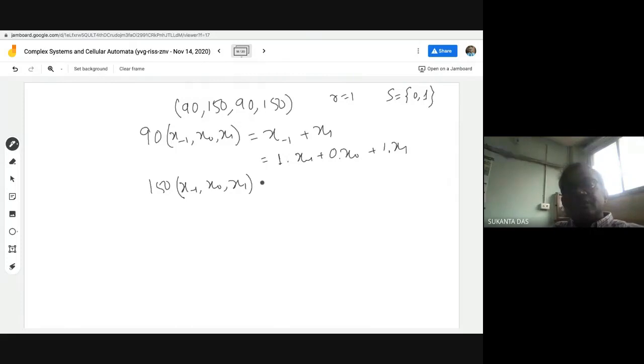Here, what I get is x minus 1 plus x0 plus x1. Why is it so? Because we discussed in the previous class that rule 150 is actually the XOR of these three.